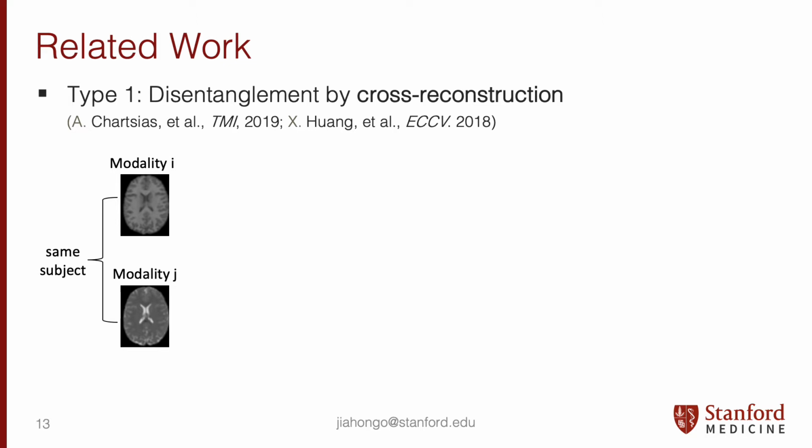Before we introduce our method, let's first have a look at the existing disentanglement methods and their limitations. The first type of method achieves disentanglement by cross-reconstruction. The main pipeline is like this. Here are two MR contrasts, I and J, from the same subject.